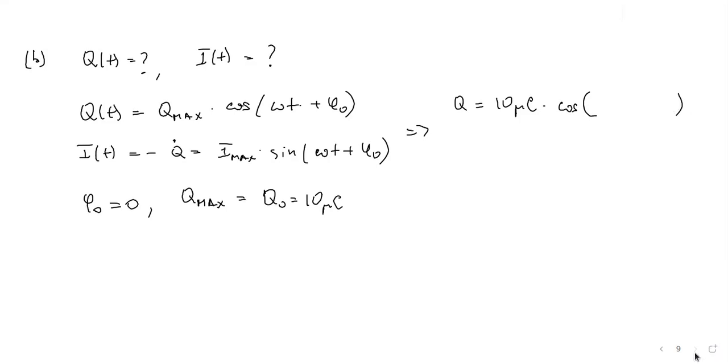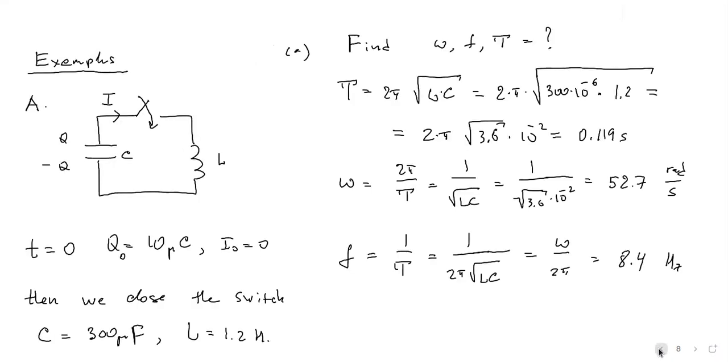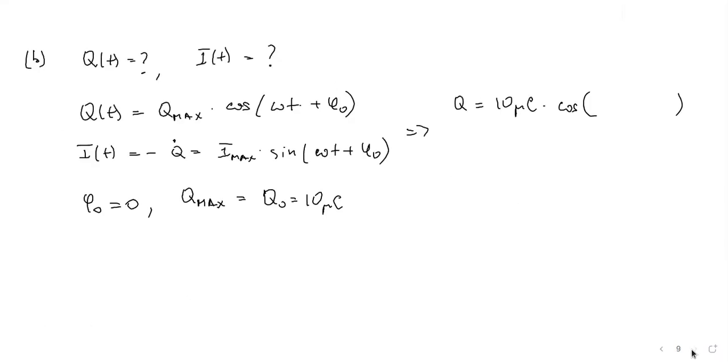Omega. What was omega? What was the angular frequency? 52.7, yeah? How can you find the maximum charge? I max. Oh, sorry, maximum current. Maximum charge you found. Isn't it omega multiplied by charge max?